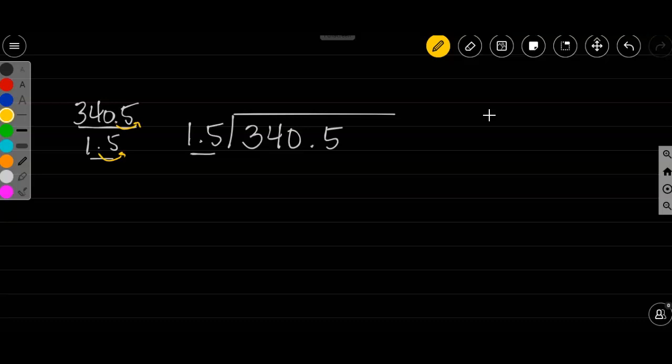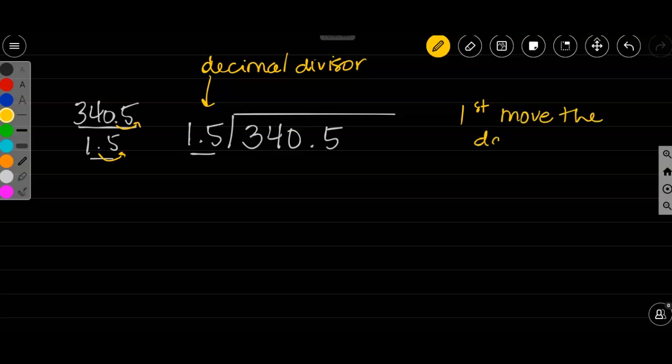So if you look first and see that you have a decimal divisor, the first thing you do is move the decimal to the right to make it a whole number.